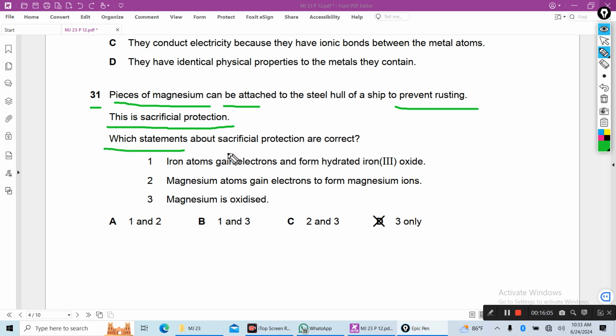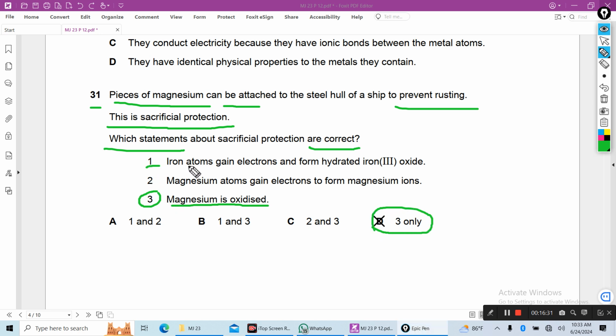Which statements about sacrificial protection are correct? C is the right answer because magnesium is oxidized. Why? Magnesium is more reactive. A more reactive metal loses electrons. A more reactive metal oxidizes, saving the less reactive metal. So only 3 is the right answer. D is the right answer.